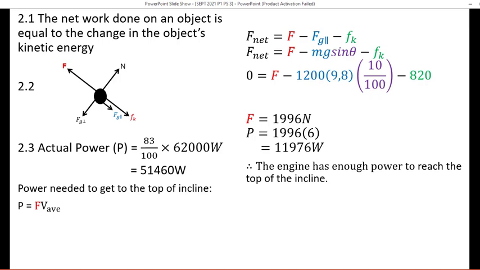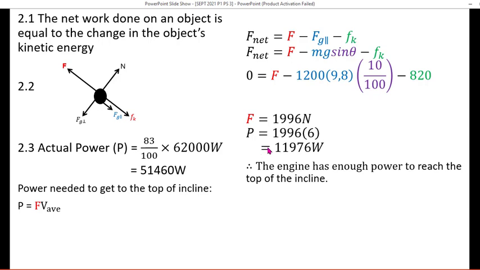Now, this is the power developed by the engine while moving up the incline. But the engine has a power of 51,460, and it needs only 11,976. That means it has more than enough power to climb the incline. So the engine has enough power.